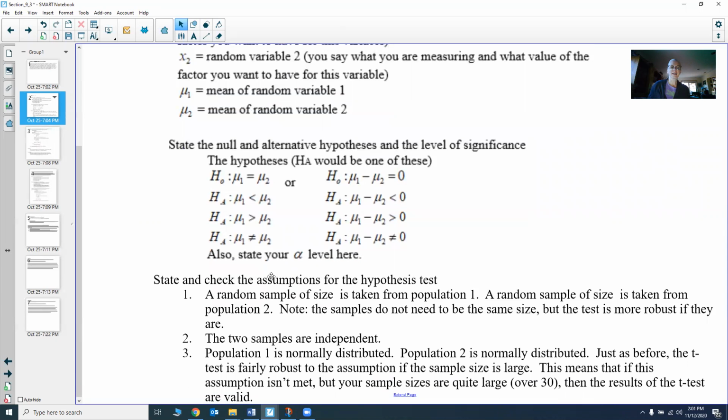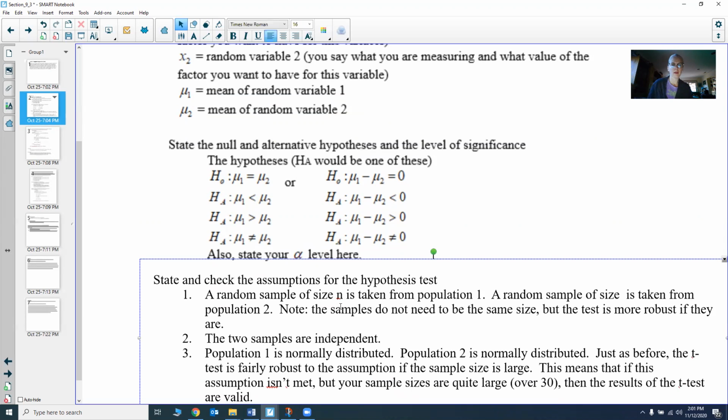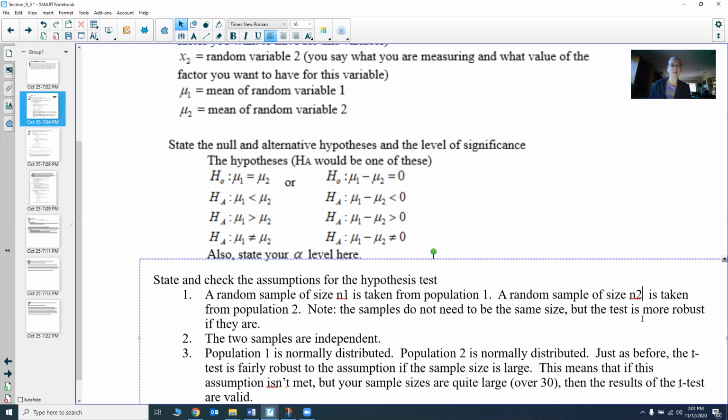All right, you then state and check your assumptions. Your first assumption is that a random sample of size n1 is taken from population 1, and a random sample of size n2 is taken from population 2. Realize they do not have to be the same size. You can actually have two different size samples.